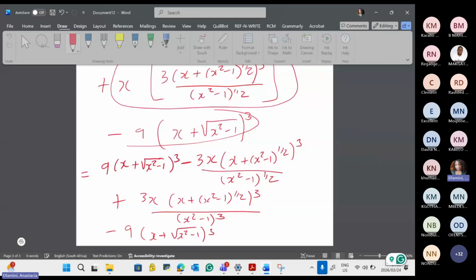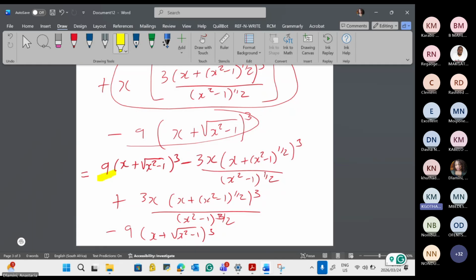Do you agree that this is equal to 0, guys? Look at this. Do you see there's a 9 here? There's a negative 9 here, which is minus 9 times (x plus the square root of x squared minus 1) to the power of 3.